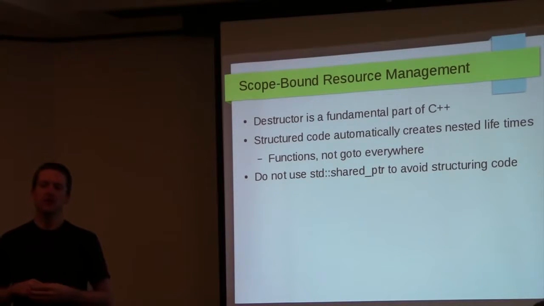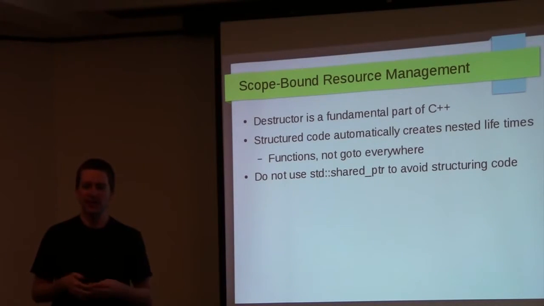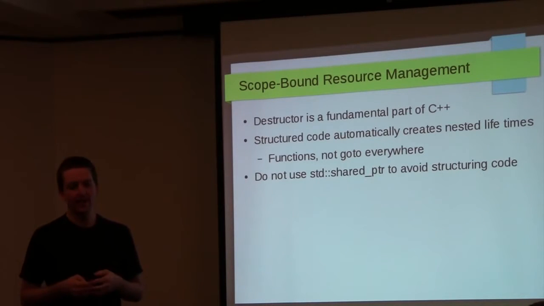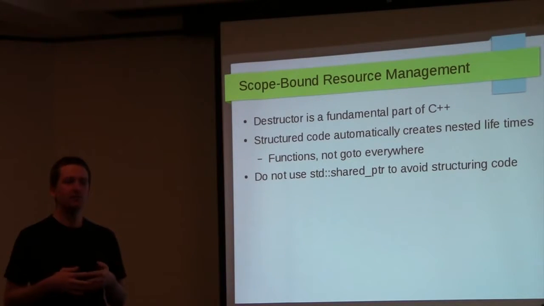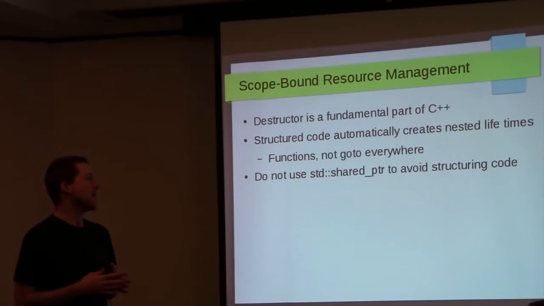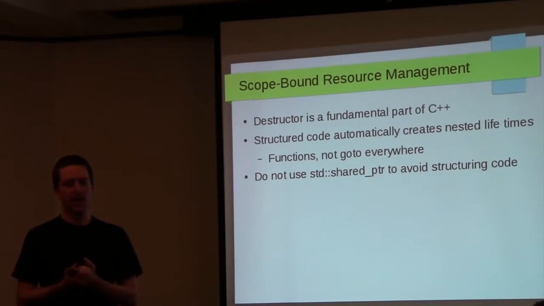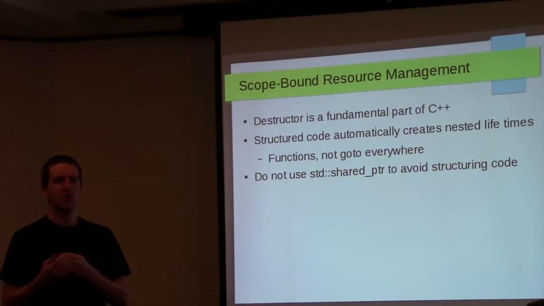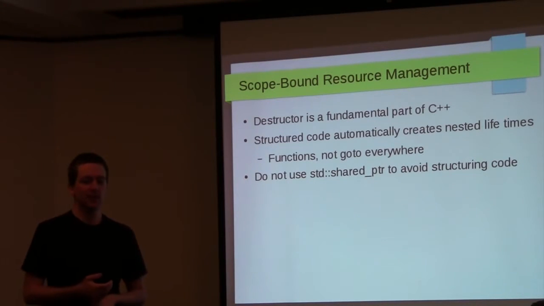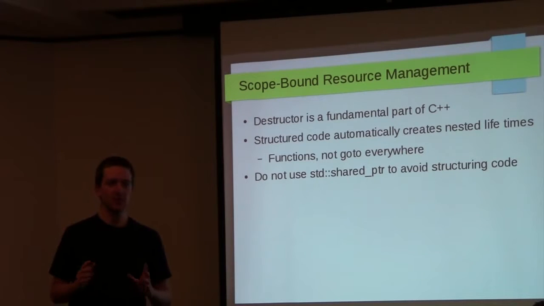They just say, oh yeah, we're having memory leaks, I'm going to throw a shared pointer at it and hope they go away. You will fix the memory leaks, but instead of having one problem, now you have two. You make the code harder to read, you make it less performant. There's a whole host of issues associated with using shared pointer when you don't need to.